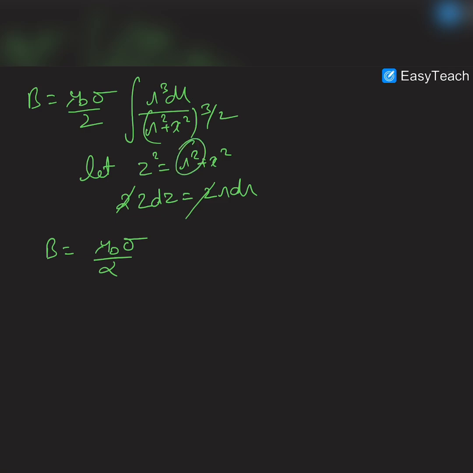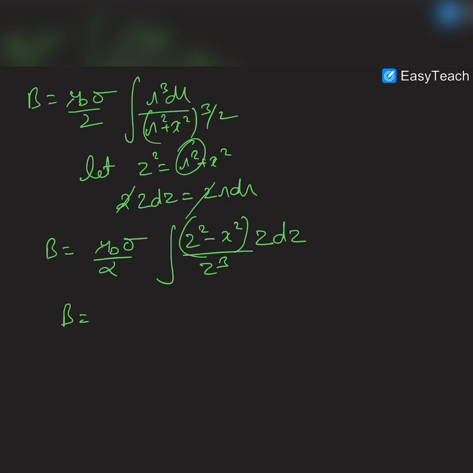So we can say that r square is equal to z square minus x square. So it would be z square minus x square divided by, in the denominator, z cube, and r dr will be equal to z dz.